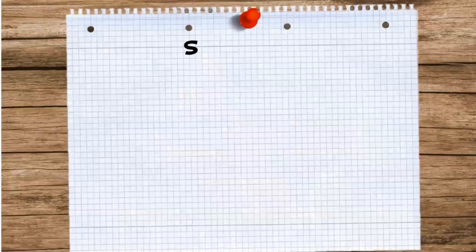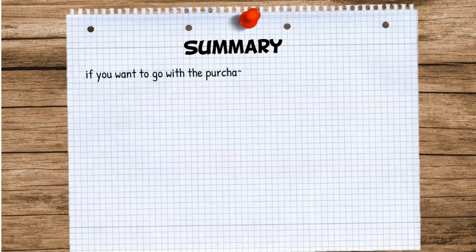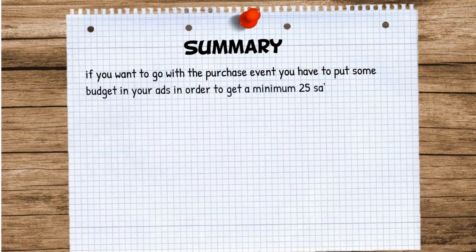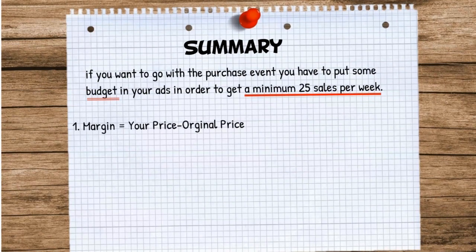So to sum it up, if you want to go with a purchase event, you have to put some budget in your ads in order to get a minimum of 25 sales per week. So what you should do first is to calculate the margin and multiply it by 25. The number you get, you will divide it by 7 to know your daily budget.